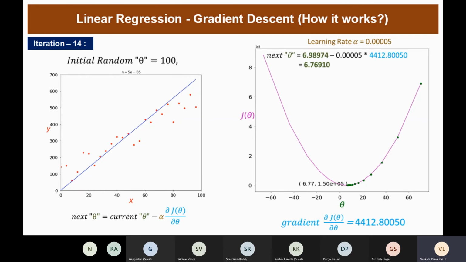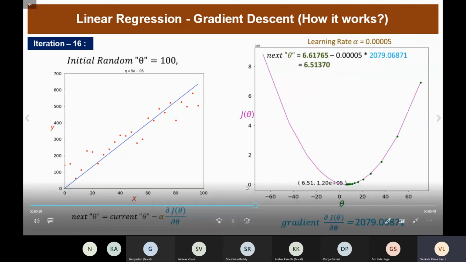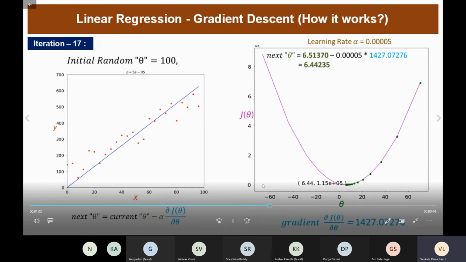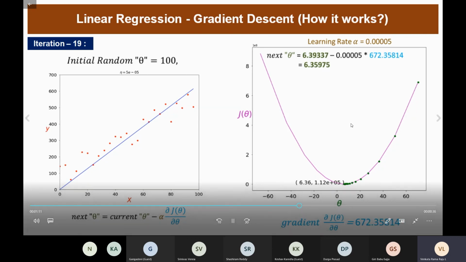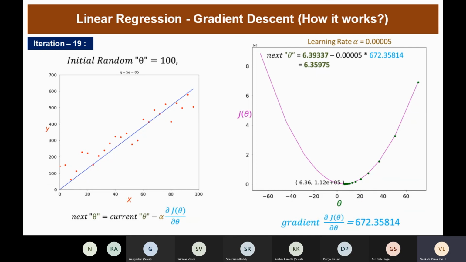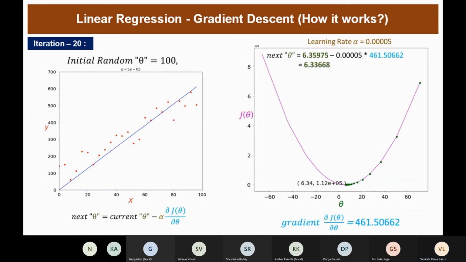Visually, that is how it works. When I took only 1 x, 1 y, and 1 theta, I was able to draw this graph. If I take 2 thetas, this diagram becomes a 3-dimensional graph with theta 1, theta 0, and J of theta on the axes, and it becomes a bowl that is very difficult to visualize. Still moving.